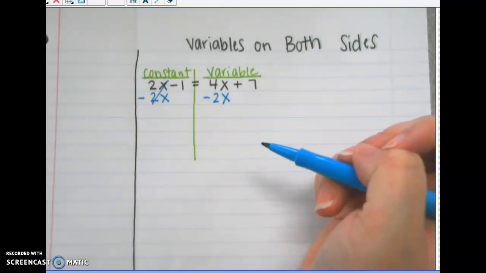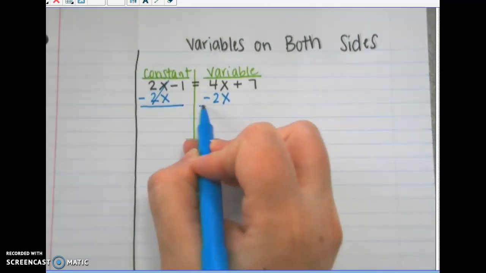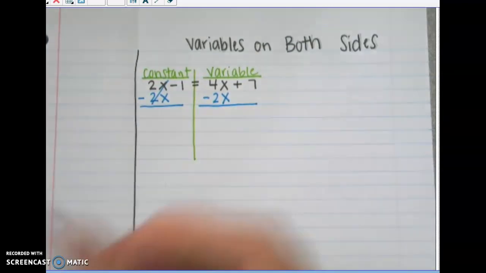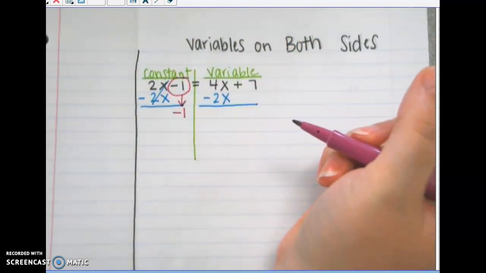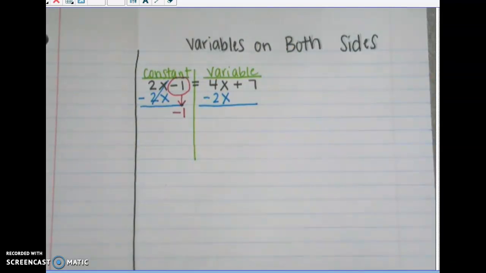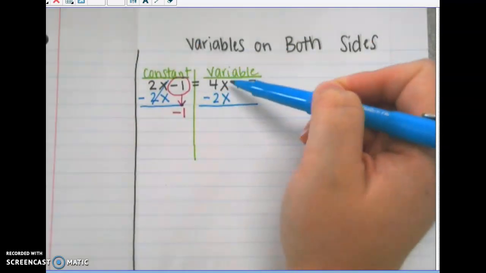So that will totally cancel, and now I don't have any x's on my constant side. So the constant that I have left is -1. So now that's the only thing left on my constant side. On the variable side, I have to combine these. I have to actually do 4x minus 2x.